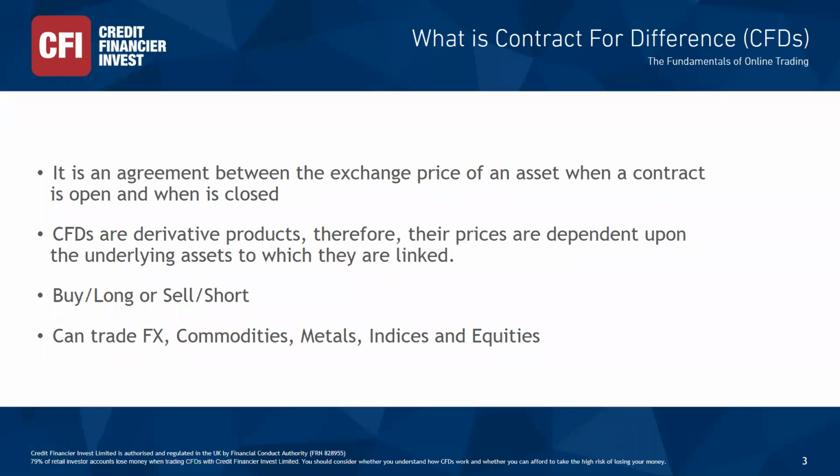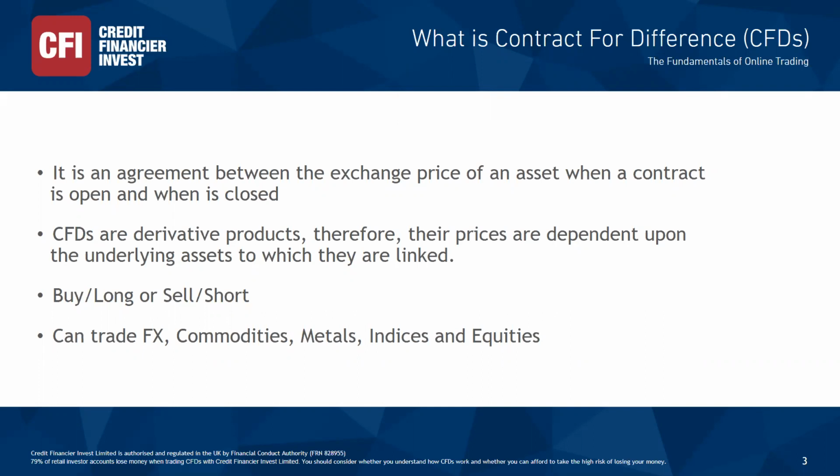It's not like, for example, when you are trading physical stocks, where you have some sort of certificate showing that you actually own the stocks. In this case, with CFDs, all you're actually doing is betting or hoping that the price of that particular asset will either go up or go down, depending on your view.